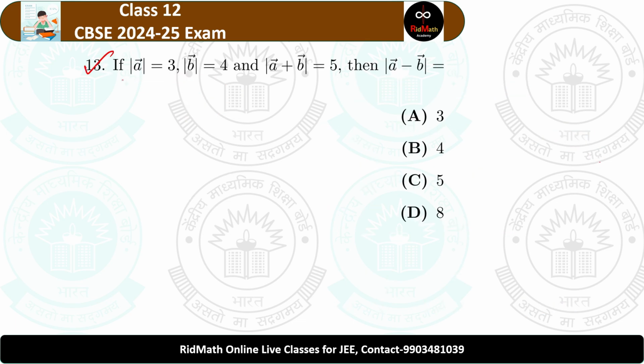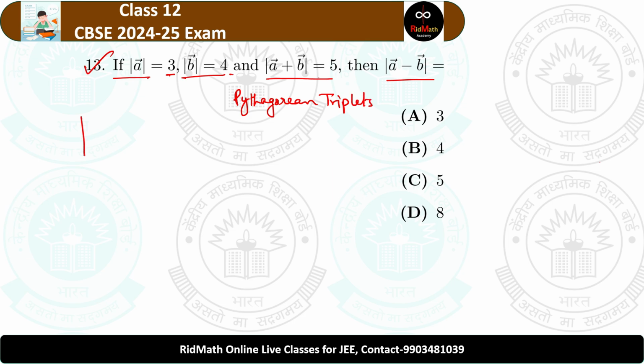Question number 13. If mod A equal to 3, mod B equal to 4 and mod of A plus B equal to 5, then what is mod of A minus B? You can observe that these are 3, 4 and 5, which are Pythagorean triplets.